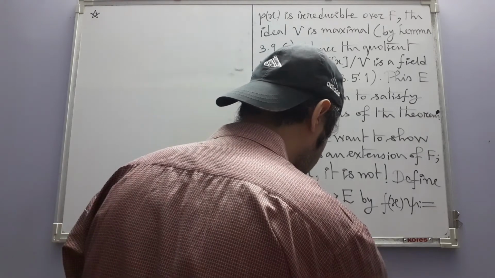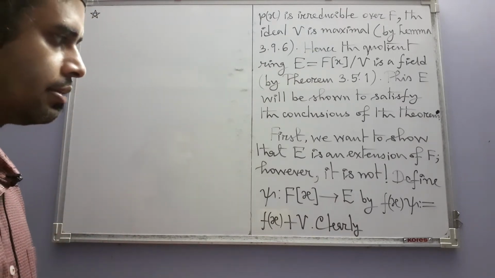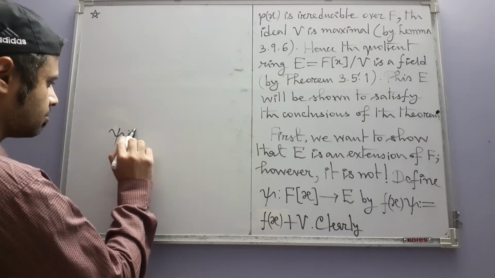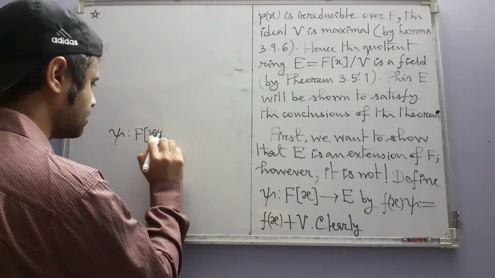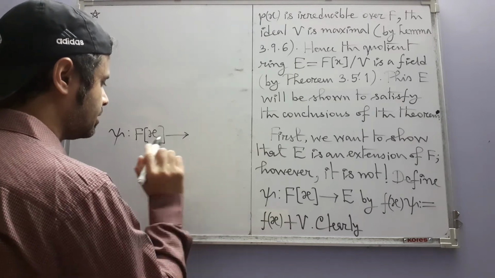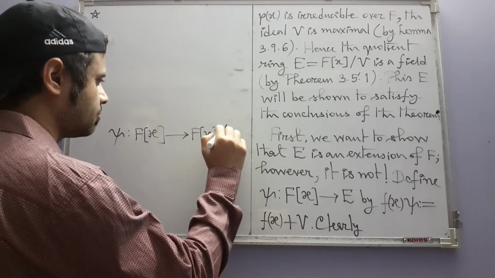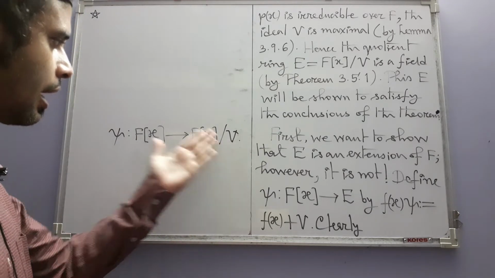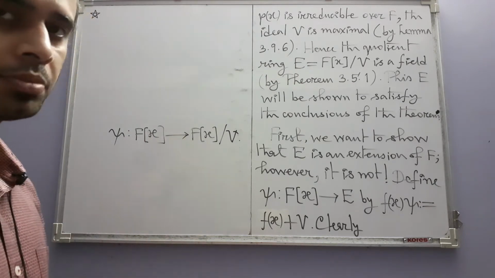Clearly, in fact, we already know that this psi is a homomorphism, not an isomorphism, I should say. It is the natural homomorphism from this ring into this quotient ring, and its kernel is going to be V. It's what you have encountered in group theory also.